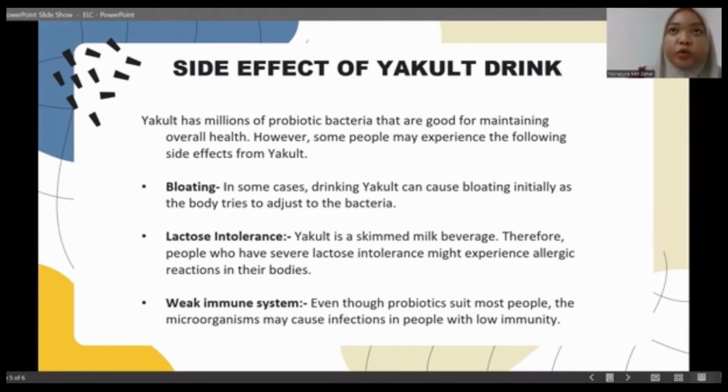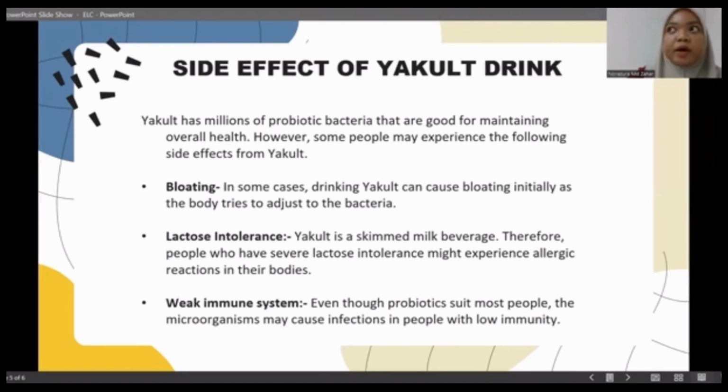So people ask me about Yakult. Yakult is a good drink that can be enjoyed at any time of the day. We recommend drinking Yakult regularly every day so that probiotics are always present in your intestines.